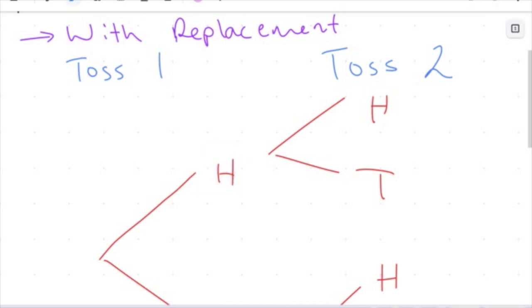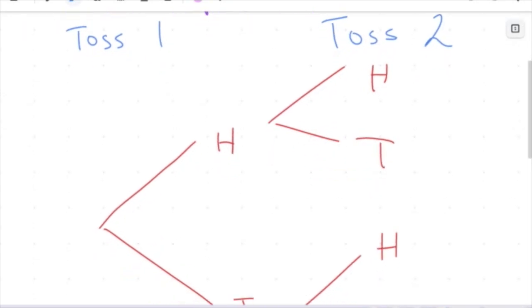This just means that once we do our first flip of a coin or our first roll of a die, the second types of options and outcomes we're measuring are exactly the same as the first. Now, this will become a lot more clear when we look at this idea of without replacement in our next example.